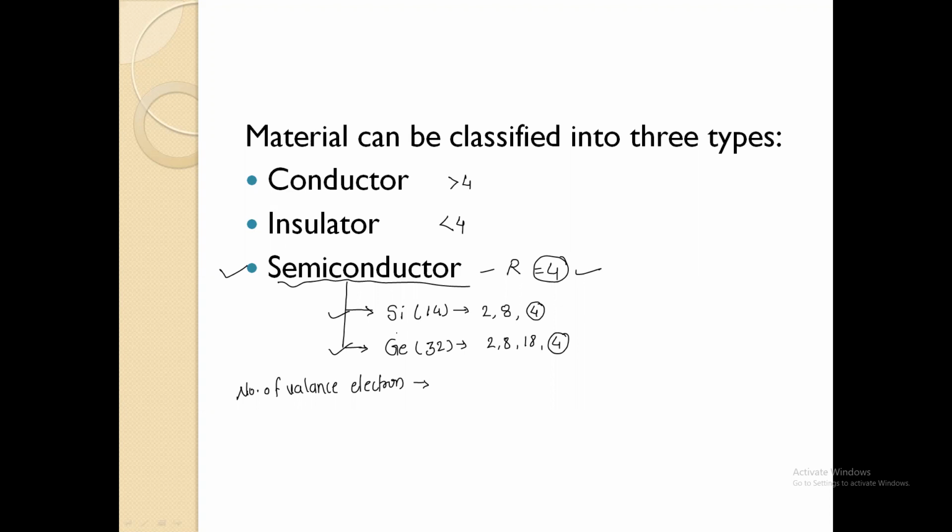Please remember the atomic number of silicon is 14, as it may be asked as an MCQ question, and the atomic number of germanium is 32. Most of the time, MCQ questions on this atomic number come in the university exam. Okay, let's proceed further.